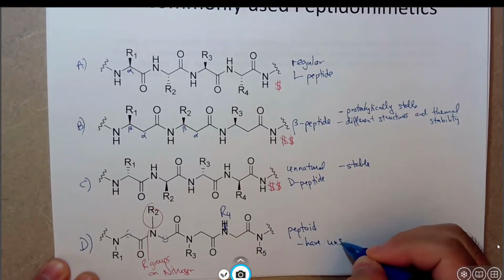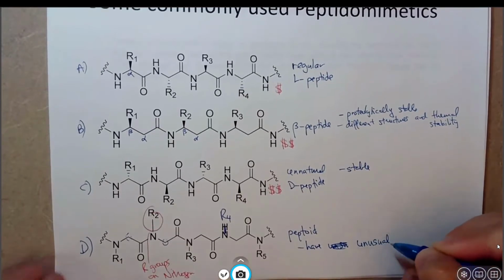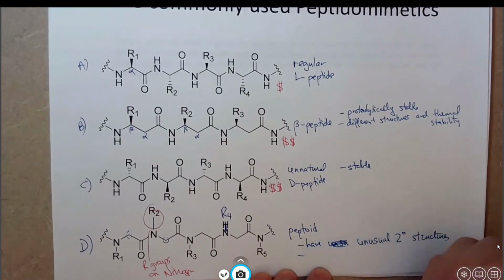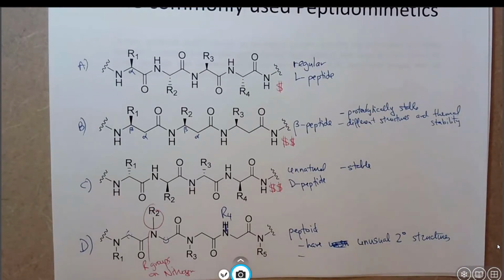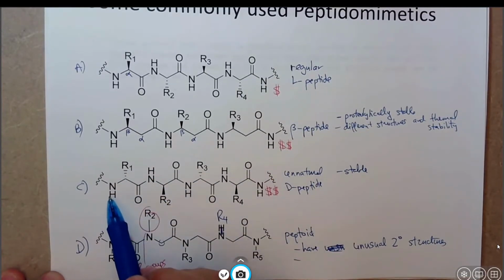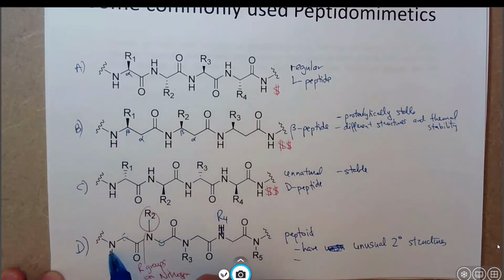So they can have unusual secondary structures. One of the drawbacks with peptoids is that by removing this NH group from peptides and beta peptides, as I'm showing you here, you actually lose some hydrogen bond capabilities with solvents or other interactions that I might want to hydrogen bond with.